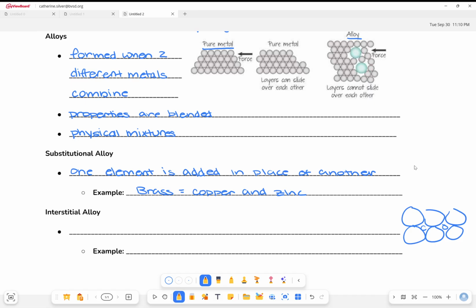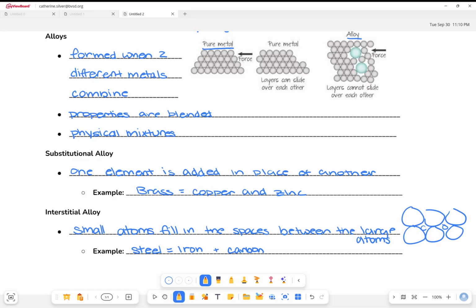Small atoms fill in the spaces between the large atoms. An example of this would be steel. And steel is going to be iron plus carbon.